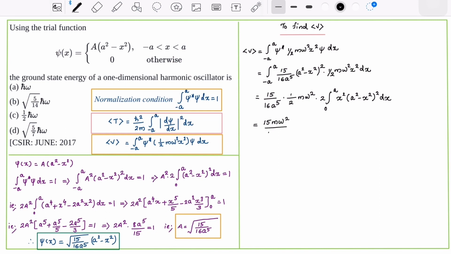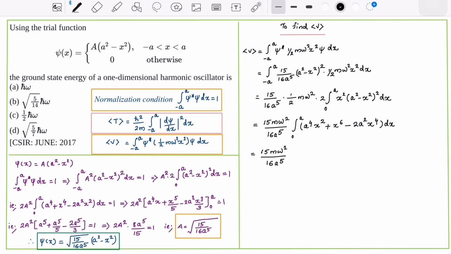This is equal to 15 m omega squared by 16a⁵ times the integral from 0 to a of a⁴x² + x⁶ − 2a²x⁴ dx.